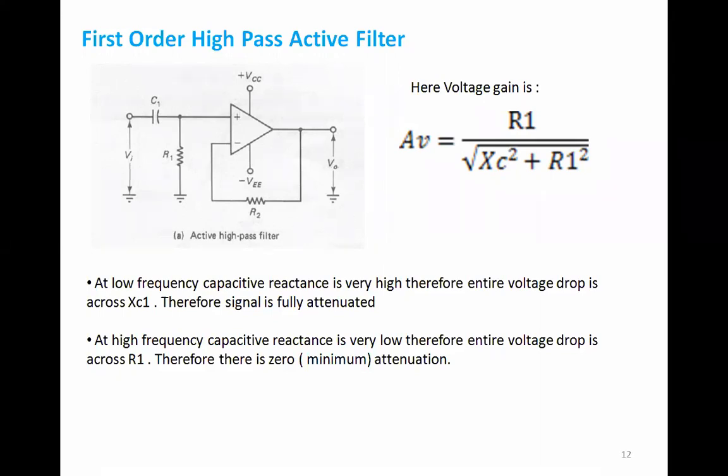Now at low frequency, the capacitive reactance is very high. So the same concept continues, we're not deviating from that concept. At low frequency, the capacitive reactance is very high. Now, one more thing I wanted to tell you was, this region is also acting like a voltage follower.